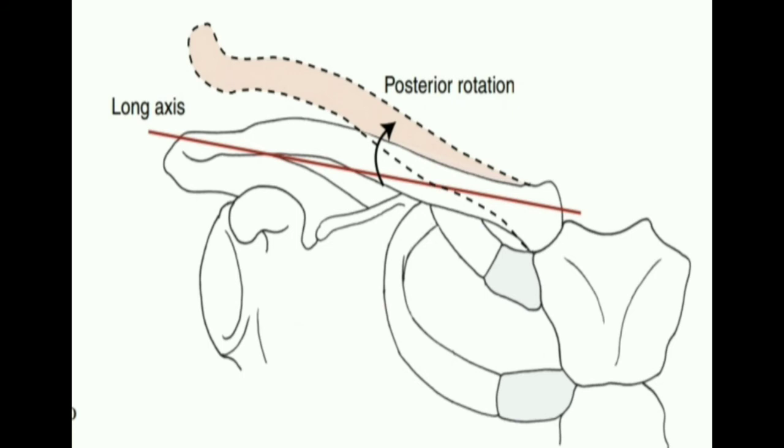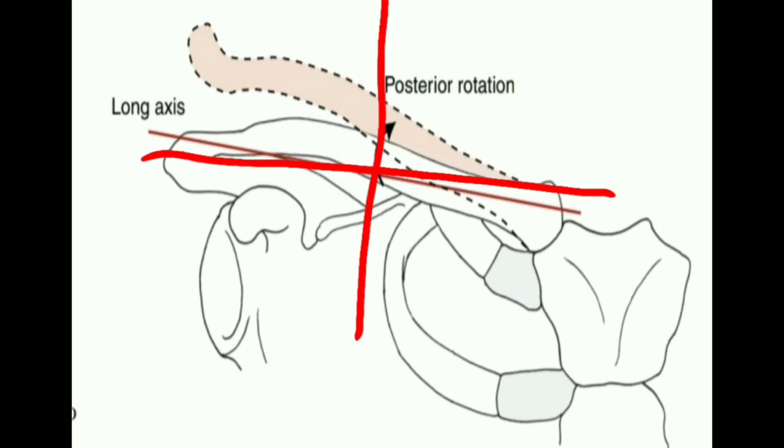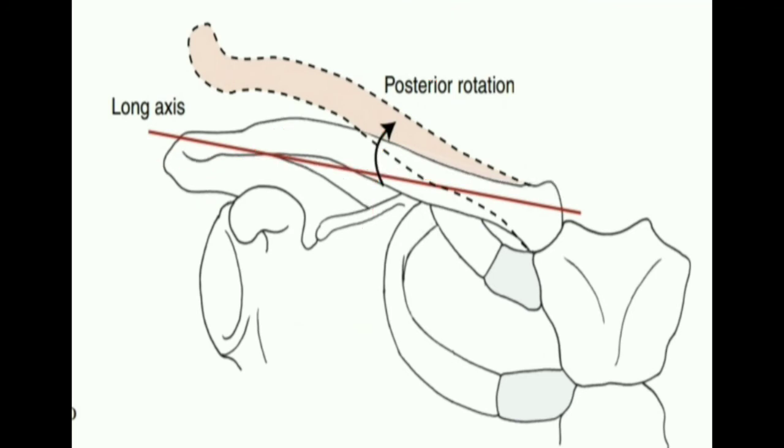But the clavicle is in a horizontal axis. So the longitudinal axis of the clavicle will be like this, not like this. Do you understand? So the rotation of the clavicle happens about its longitudinal axis.